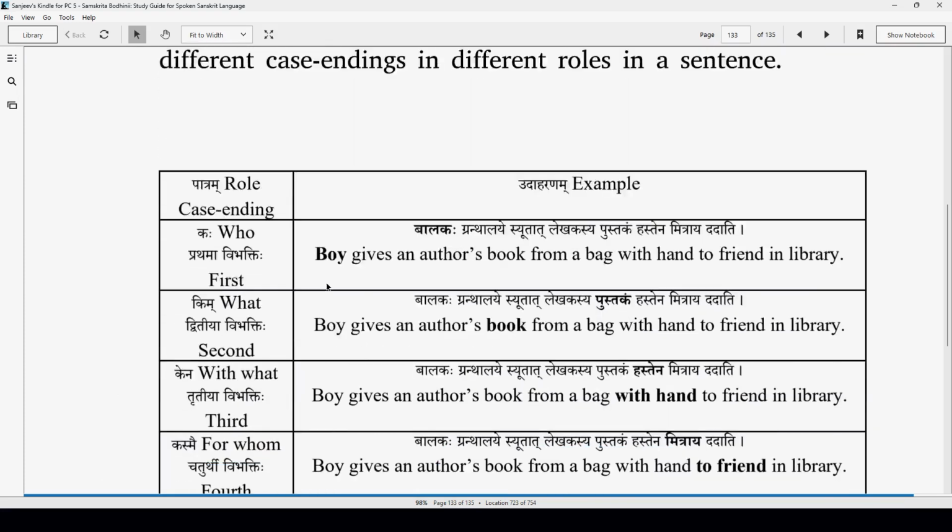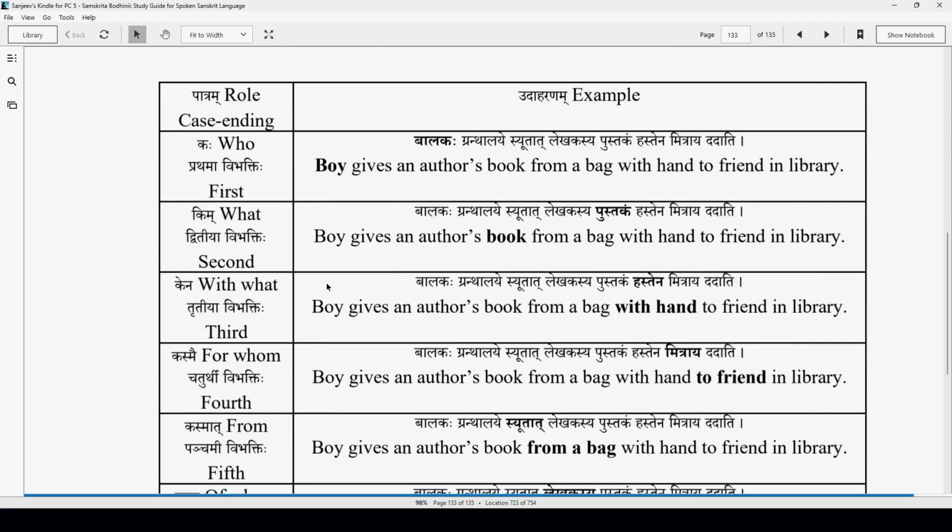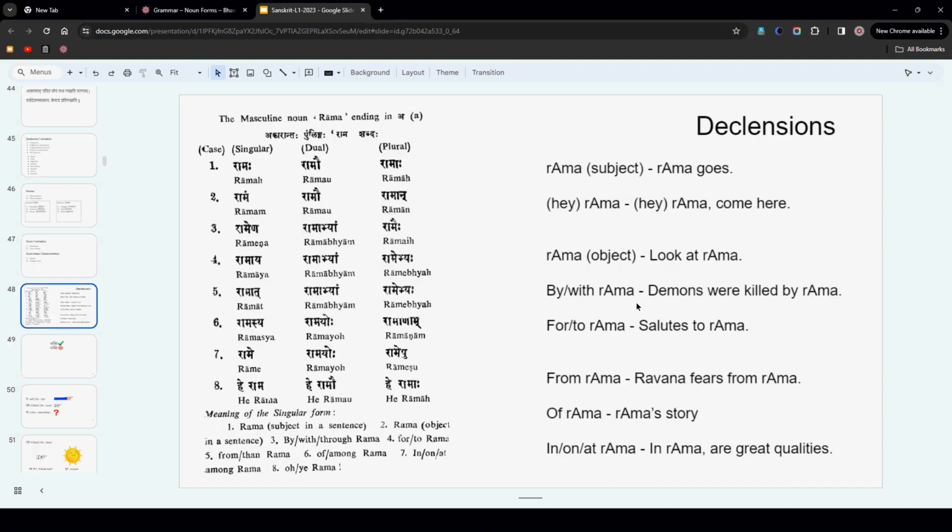Yeah, declension. You see some examples. Maybe this will give better. So take this example. An example sentence is given here, like balakaha granthalaye syutat lekhakasya pustakam hastena mitraya dadati. Maybe confusing. So go back to this.